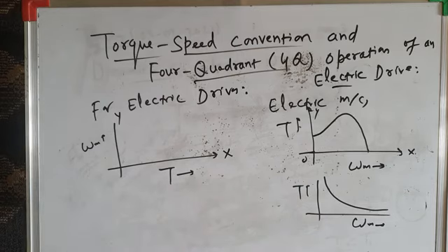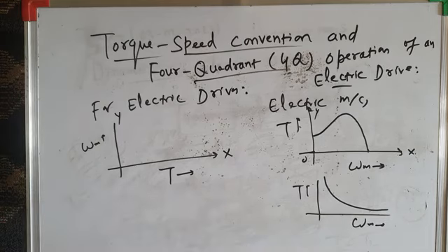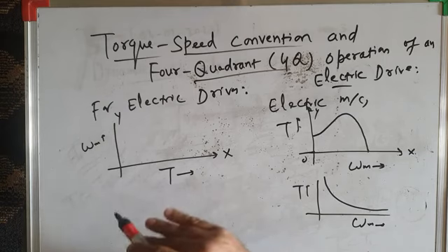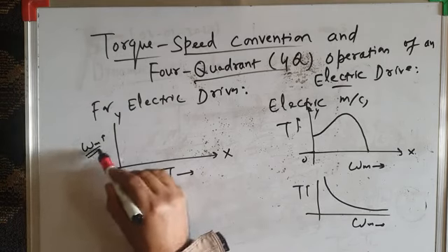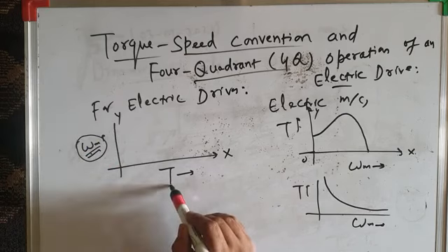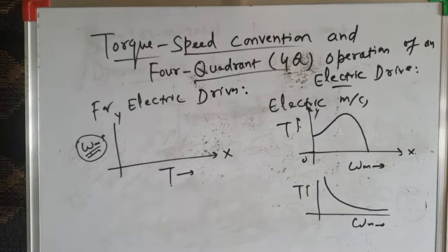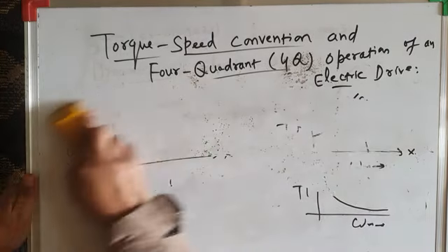The reason being that to start an electric drive, you need a certain amount of torque, and only when that torque is available or produced by the drive does the drive start rotating at a certain speed. So to get the drive rotating at speed, you need a certain amount of torque. That is why torque is plotted along the x-axis and speed along the y-axis.